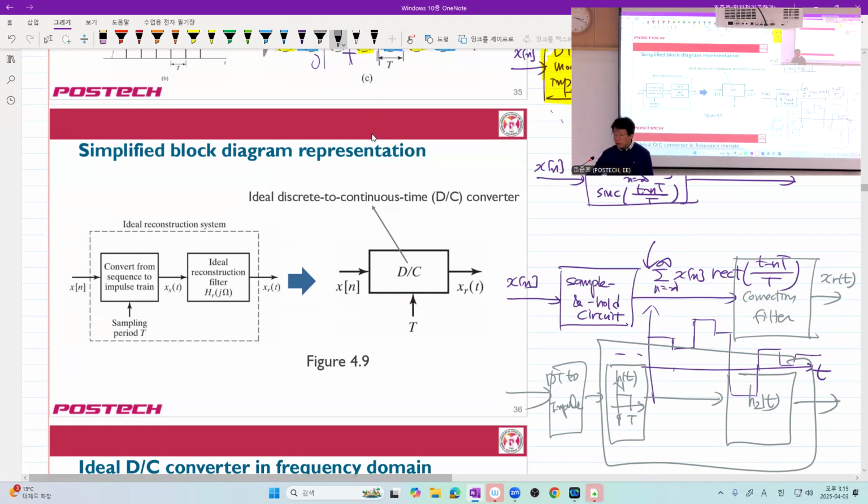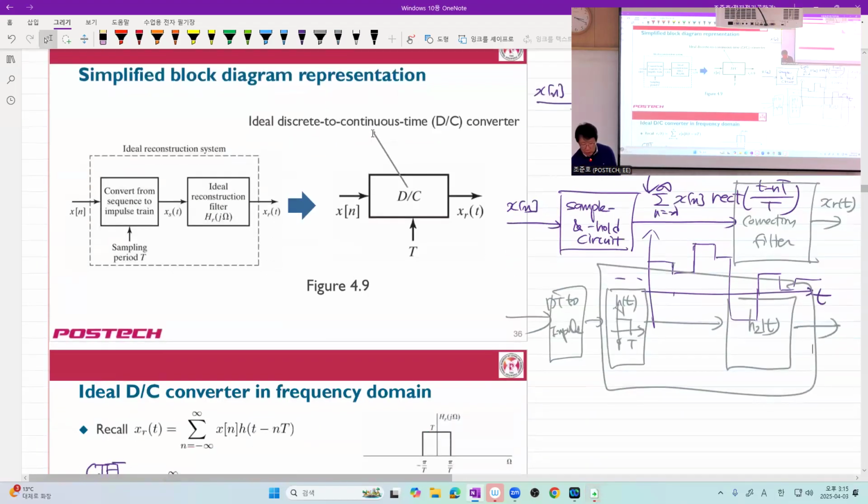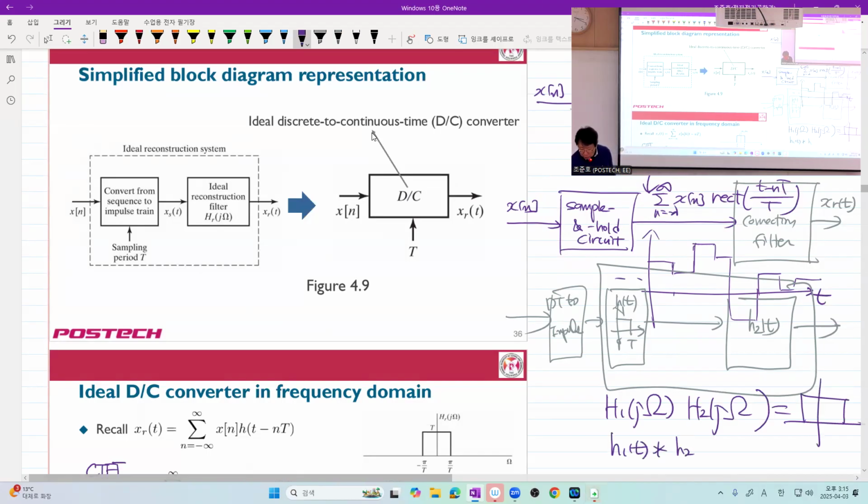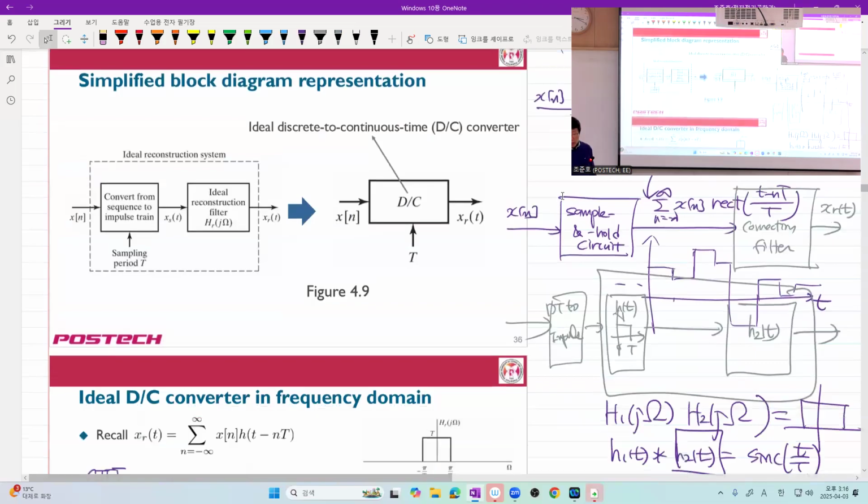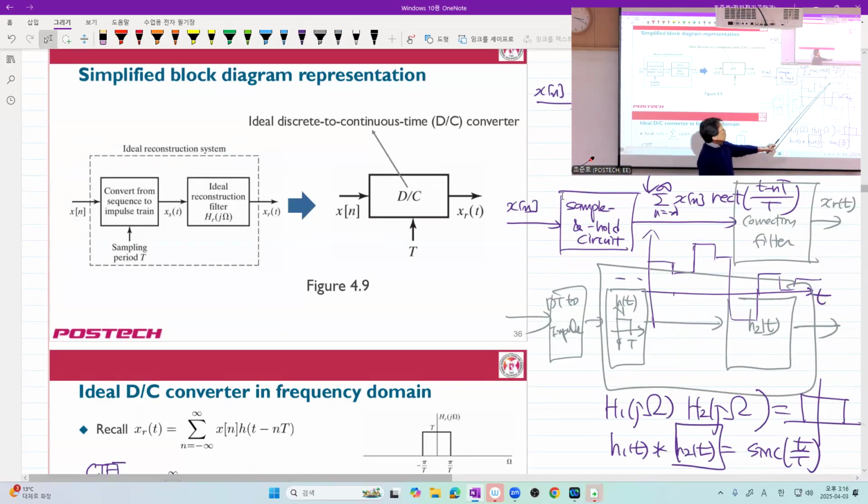So in the frequency domain, what you need is this one. Or in the time domain, you somehow design this correction filter, an LTI system, so that the sample and hold followed by this correction filter works as an almost ideal low-pass filter.